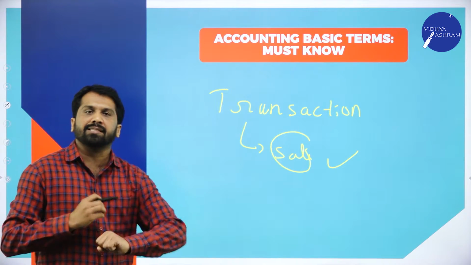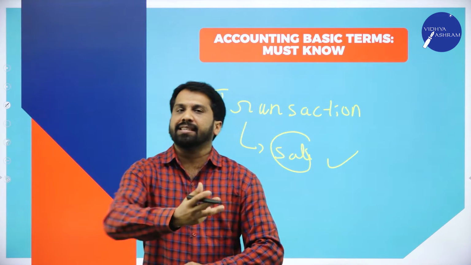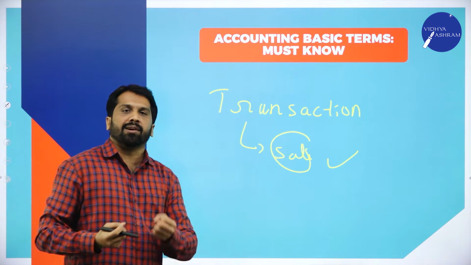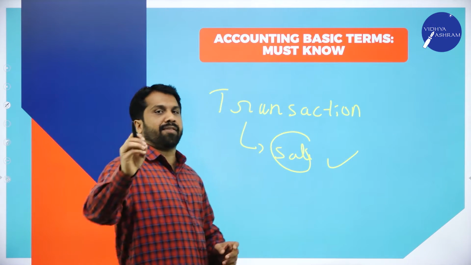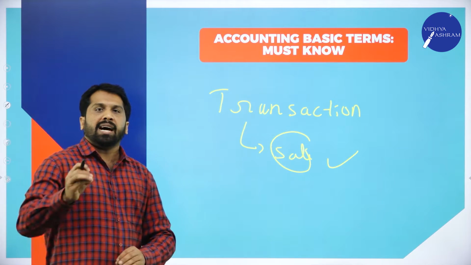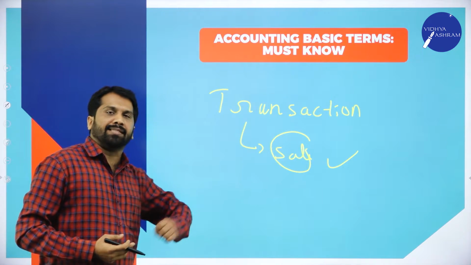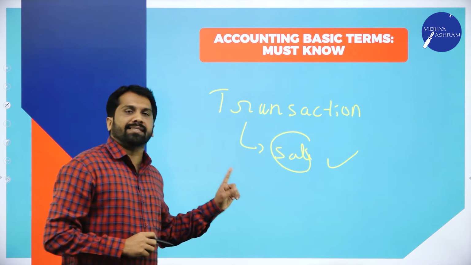If I purchase goods, transaction. I gave 5,000 as loan, transaction. I received 10,000 from bank as loan, transaction. I deposited 20,000 in bank, transaction. I invested in some shares, transaction. I purchased furniture, transaction. I sold my bike, that is a transaction. These are called transactions.